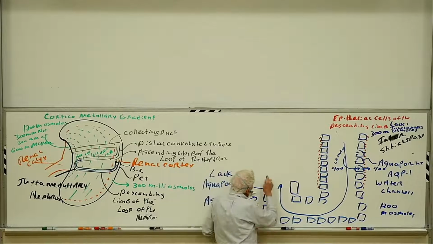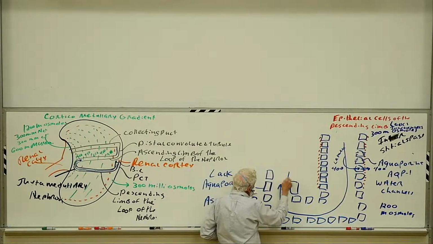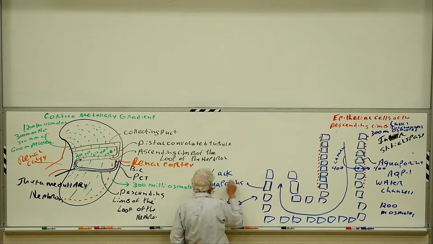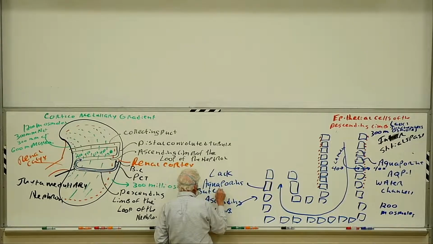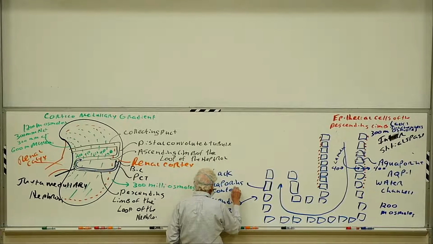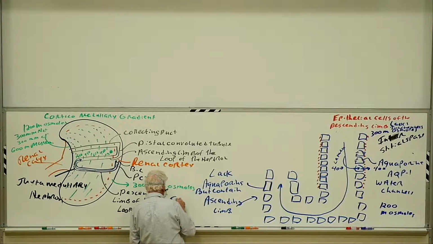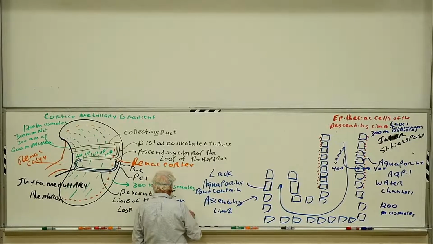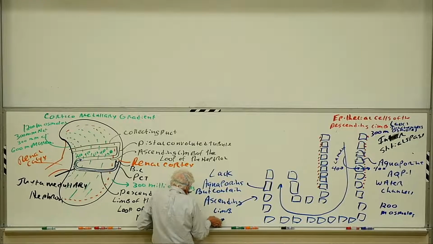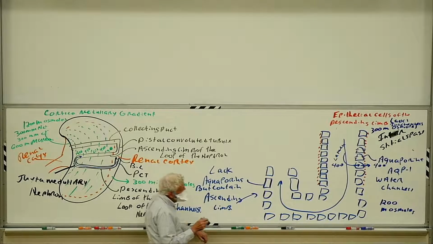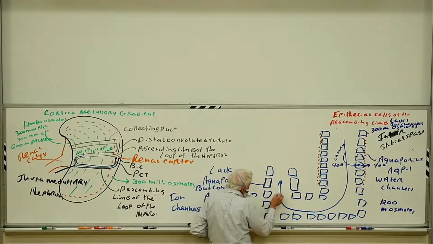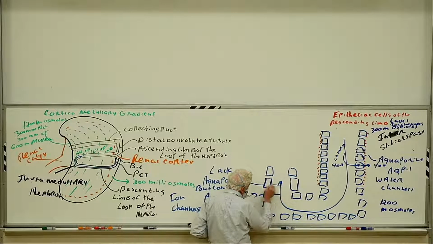But instead, what we replace them with are ion channels. So they lack aquaporin, but contain ion channels. And it's through these ion channels that the ions can now move down their concentration gradient.